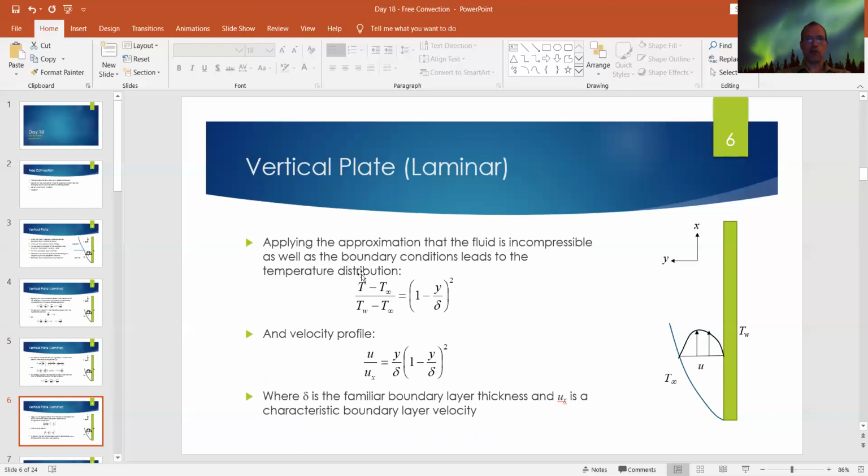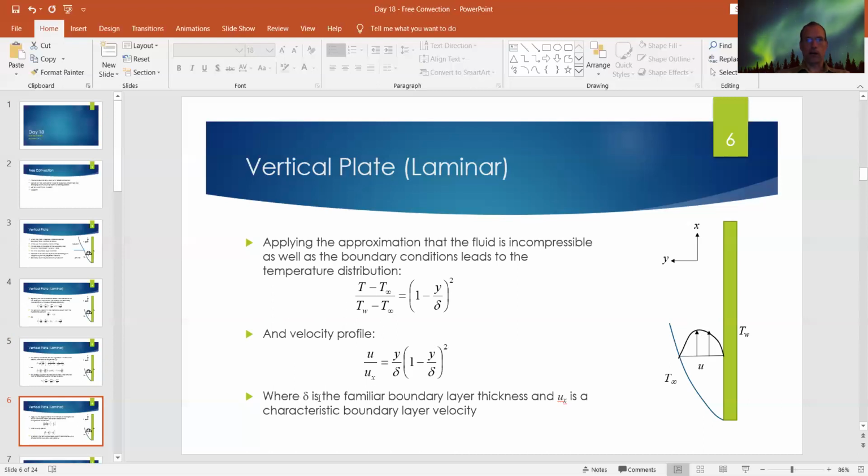I can find the temperature distribution: (T minus T infinity) over (T wall minus T infinity) is 1 minus y over delta, squared. So again, delta is my boundary layer thickness, just like before. And for the velocity profile, what the velocity actually is at any point, u over ux is y over delta times (1 minus y over delta) squared.